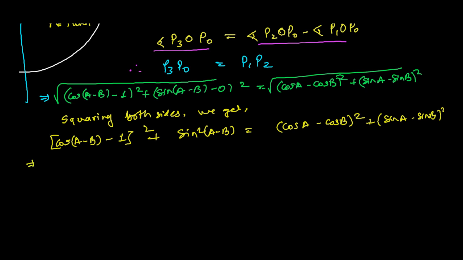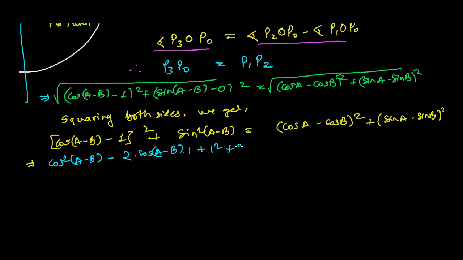Now let's use the formula for a minus b whole square, which is a square minus 2ab plus b square.